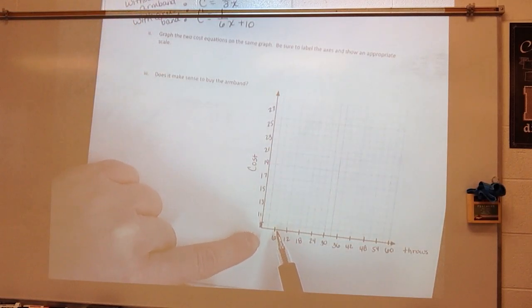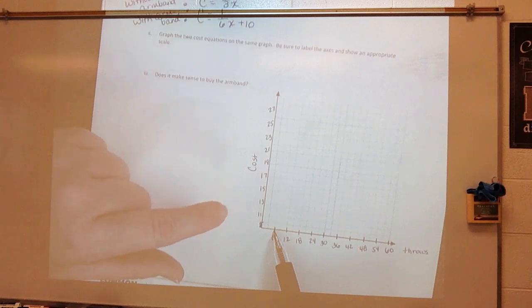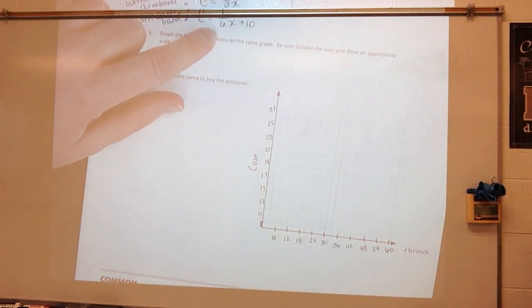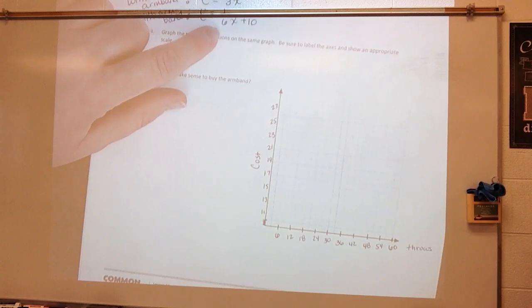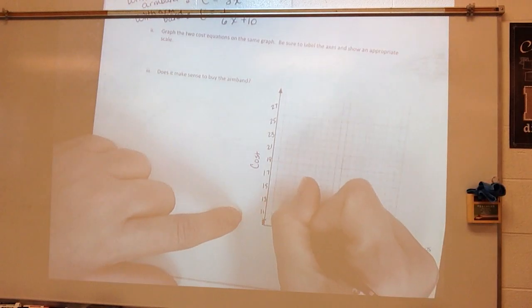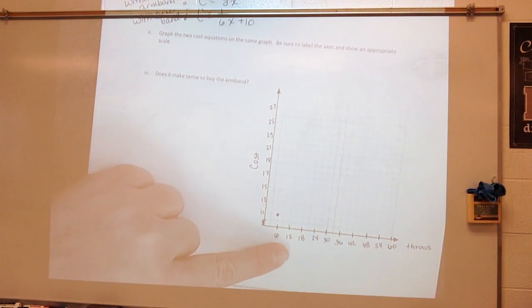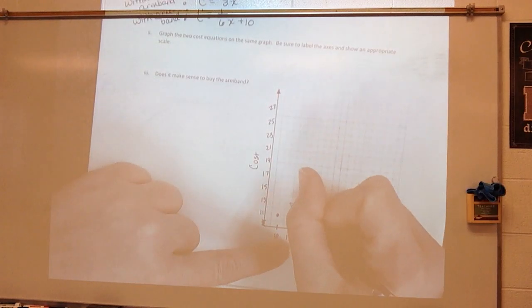I know that 6 throws are $1, plus that $10 would be $11. This will be the easiest way for us to do this. Alright, so then 12 throws, that would be $2, plus $10 would be $12.